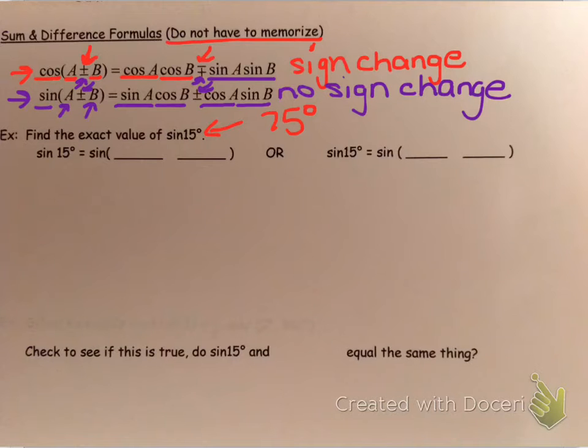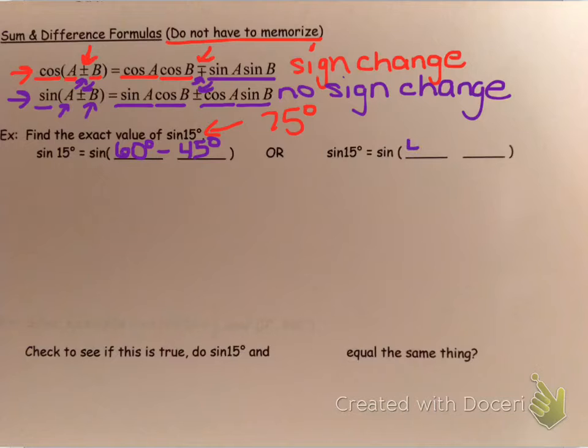We're not going to work it all the way out both ways. I just want to show you all the different ways you could combine to get 15 degrees. So for example, if I said do sine of 15 degrees, you would figure out two angles from your unit circle that could add or subtract to make 15 degrees. For example, you could do 60 degrees minus 45 degrees.